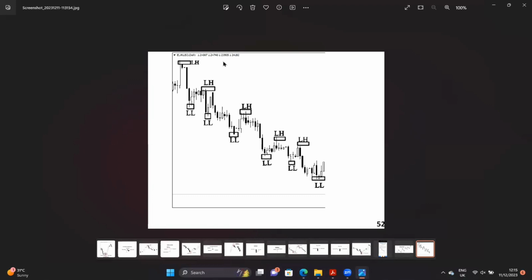We'll establish a background on the ranging and the choppy, but let's focus our attention more on the trending market. I've given you a pattern of how each of these trending markets looks, from the uptrend to the downtrend: higher highs and higher lows for an uptrend, and lower lows and lower highs for a downtrend.